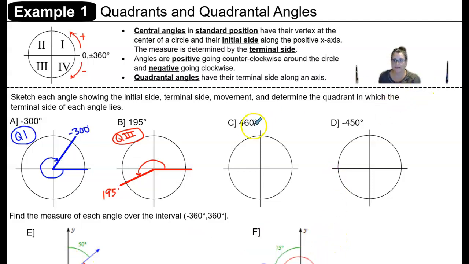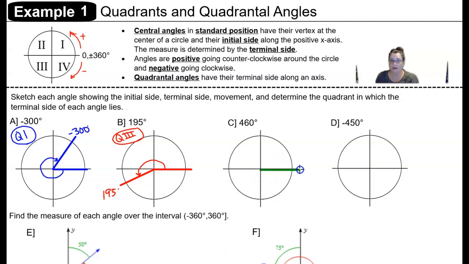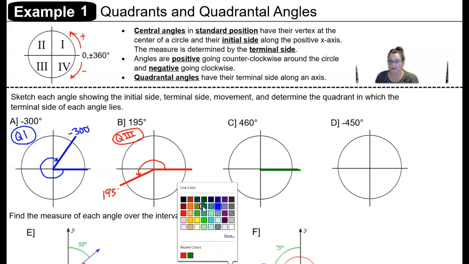Okay, so in example C, we want to find the terminal side of 460 degrees. So we're going to start with the initial side along the positive x-axis, and then the terminal side needs to rotate in the counterclockwise direction because it's a positive angle.